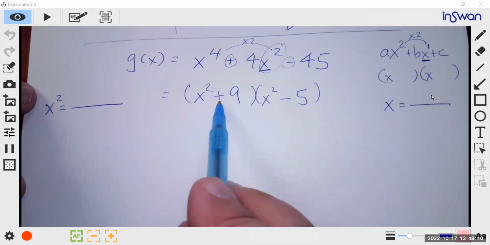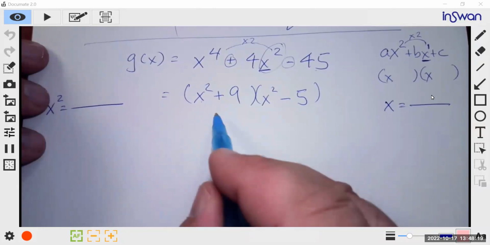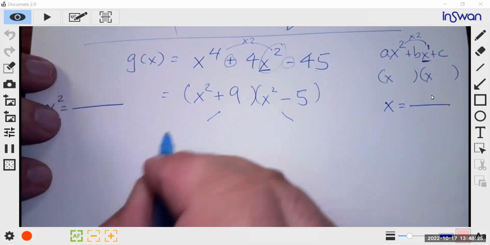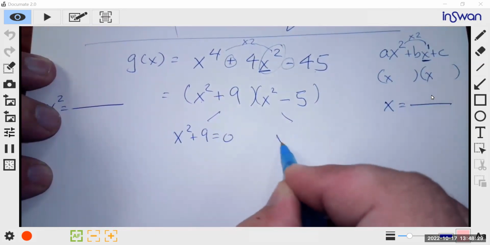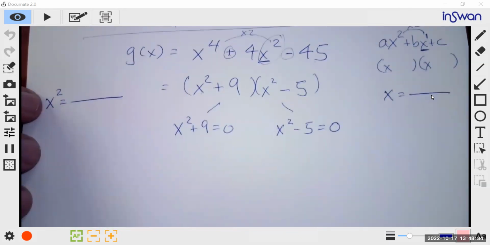It's not a difference of 2 squares, it's a sum, so you can't do that here. Good try though, but no. What do you do with both of these? Once you factor them, what do you do next? Set them equal to 0 and solve for x.